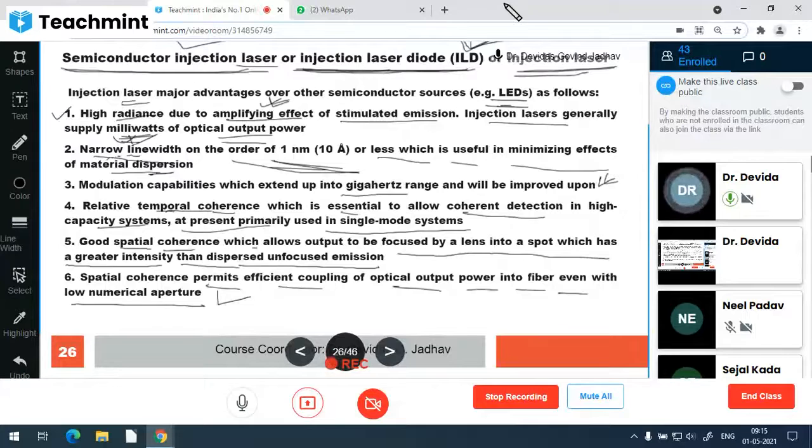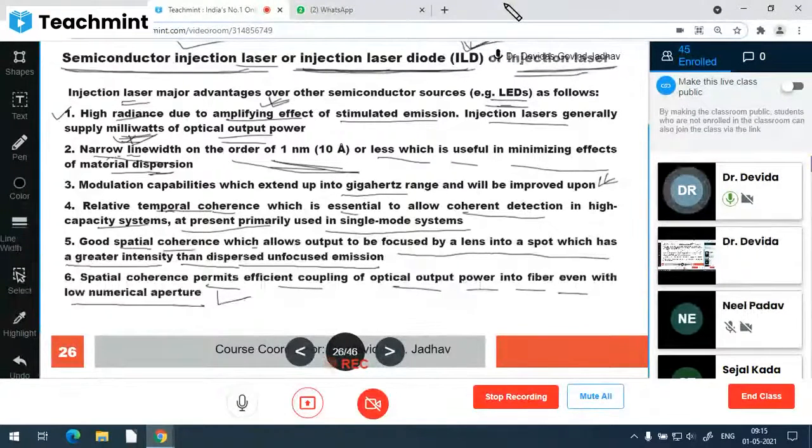Then good spatial coherence is observed. Just like temporal coherence, good spatial coherence is also observed because the active region is very thin, which allows the output to be focused by the lens on coupling the fiber very efficiently.